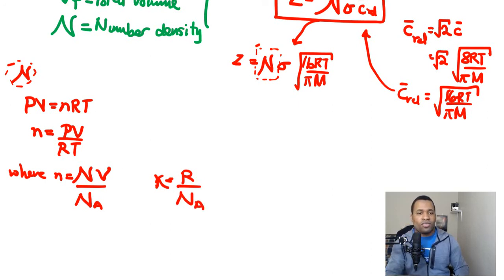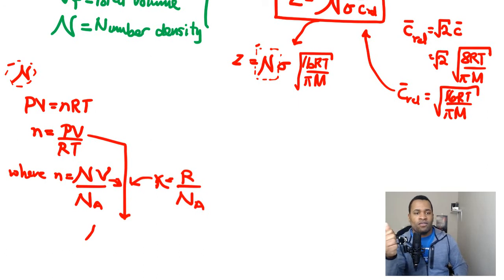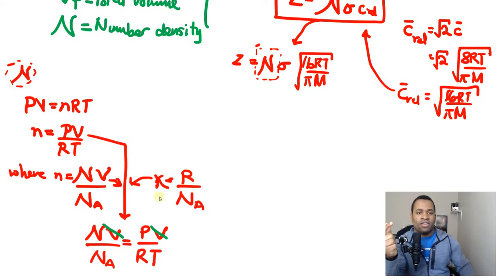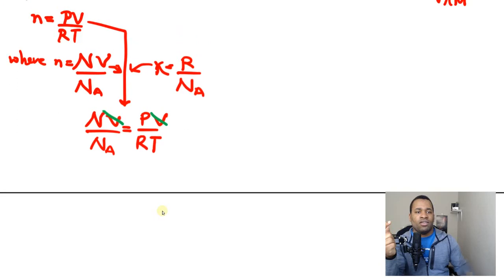And as a result of that, once we apply both to this particular expression, first we're going to have the number density multiplied by our volume over the number of particles, to be equal to P, which is the pressure, over RT, and we have our V. So take note here that the volume cancels out, and what we're left with is this particular expression, which is going to be now in terms of P.